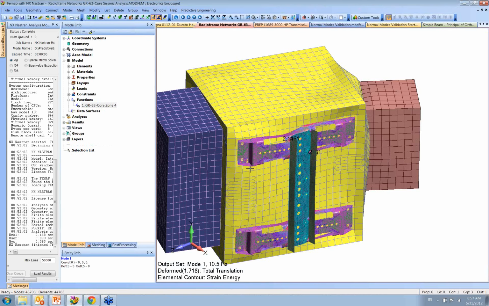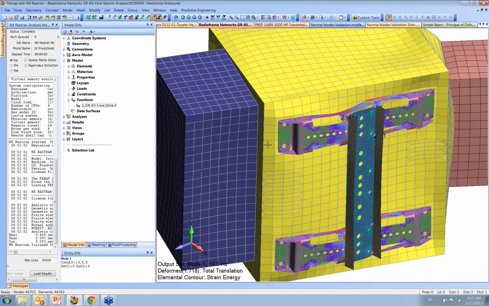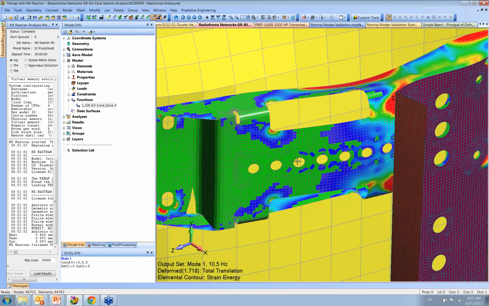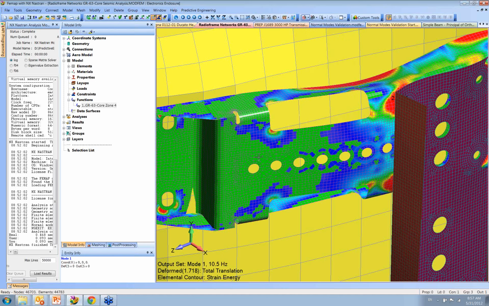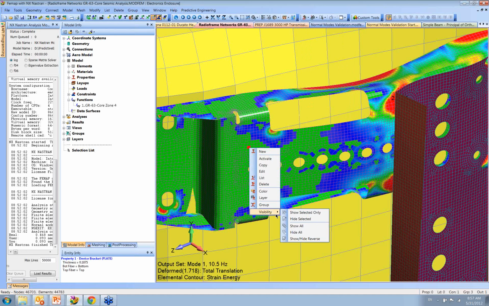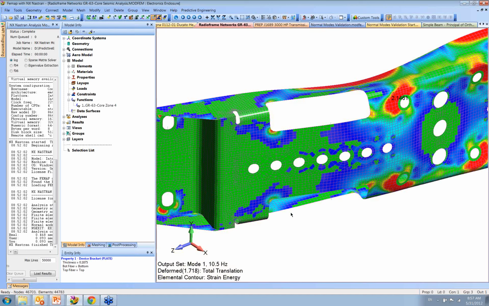Okay, so here's the model, and it's a very simple thing. I really like this new setup. I'm going to pick on property right here, right-click, visibility, show selected only. You guys saw that. That's under the selector entity. You turn that on, so now it's looking for properties.